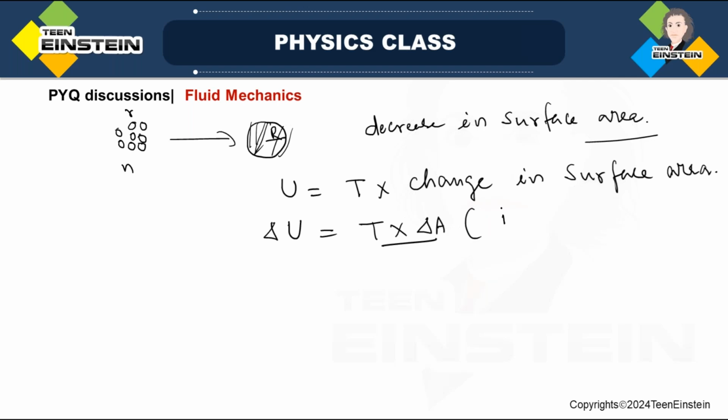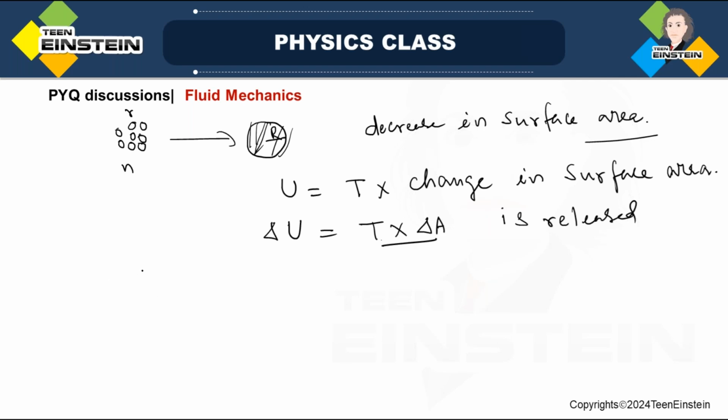Energy is released in this case, because the surface area available over here will not be able to hold the energy which was earlier with all of them. So energy will be released. So this much we have understood. What is the amount of energy that is going to be released? That is T into the change in the area. Now it is easy to solve.